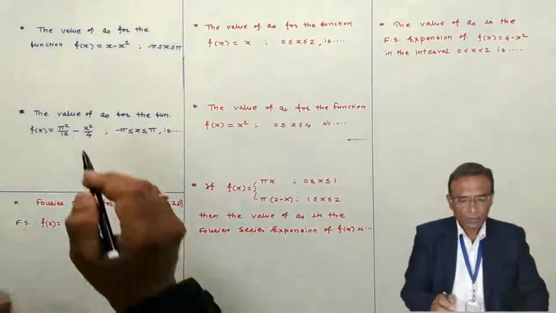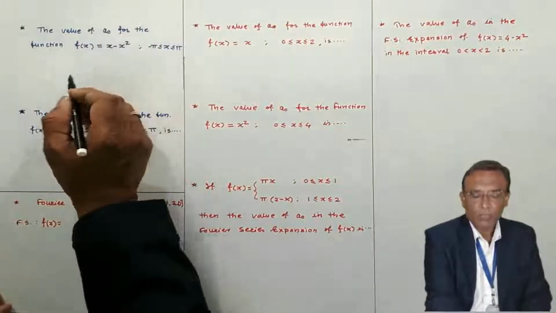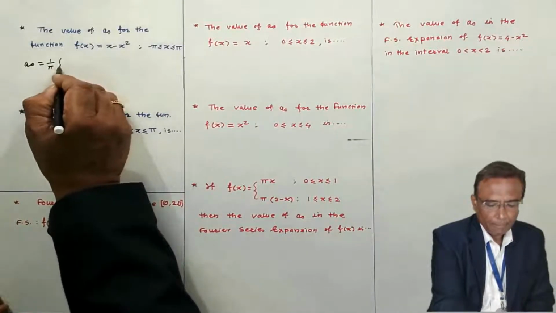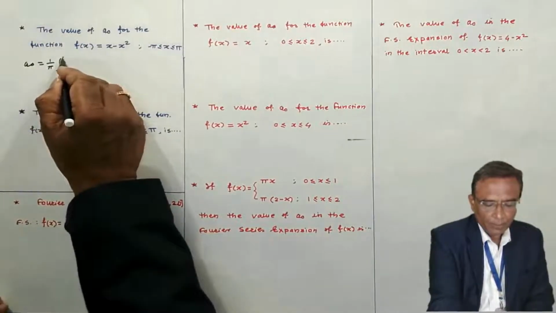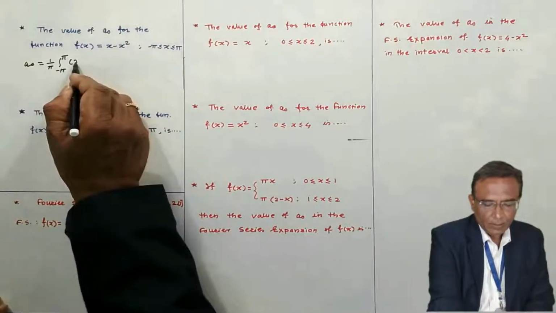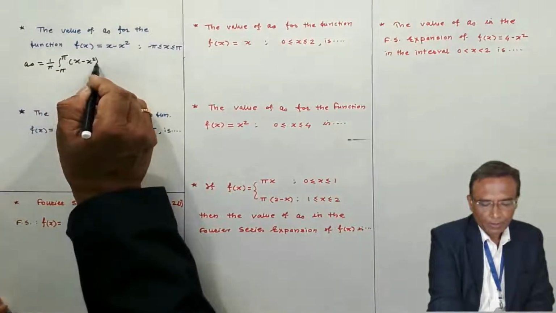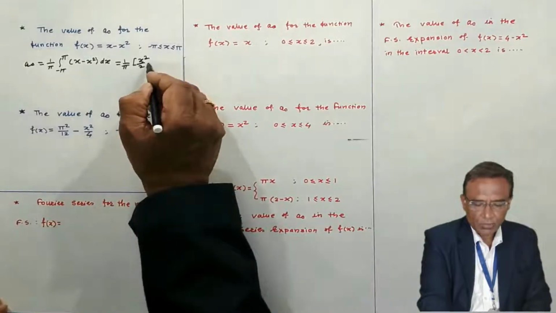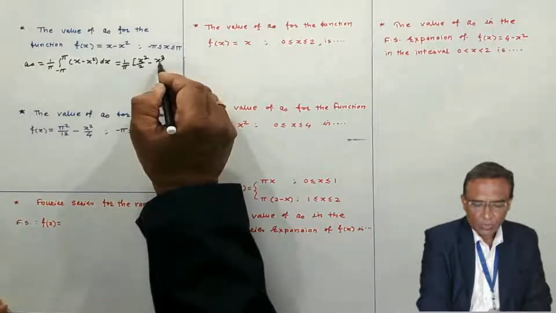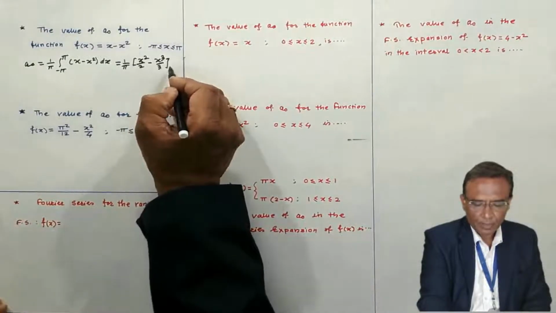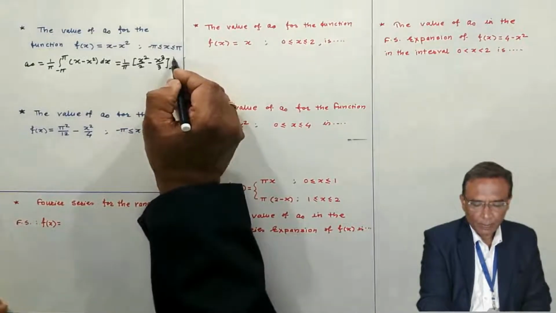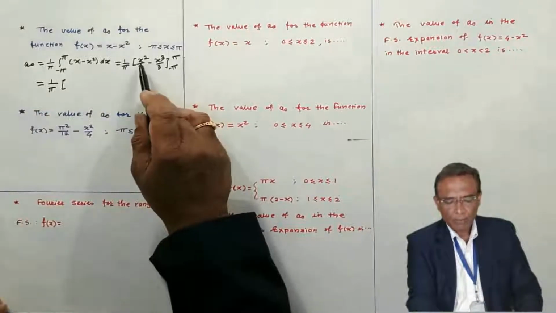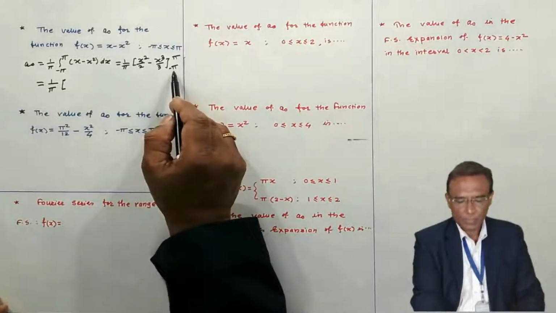Next, the value of a0 for this function. a0 is what? 1 by pi, the integral from minus pi to pi of fx. Now, directly writing, the integral of x square is x cube by 3, from minus pi to pi. Now 1 by pi is outside. Put x equal to pi, put x equal to minus pi.